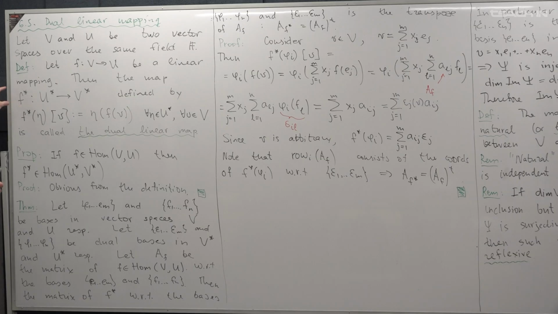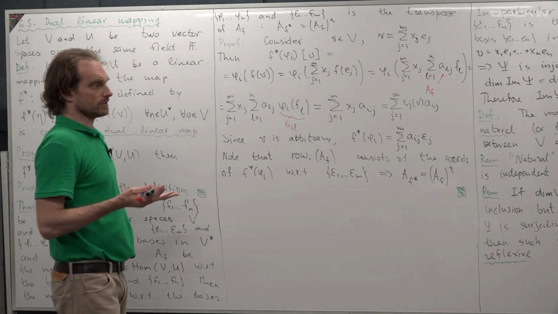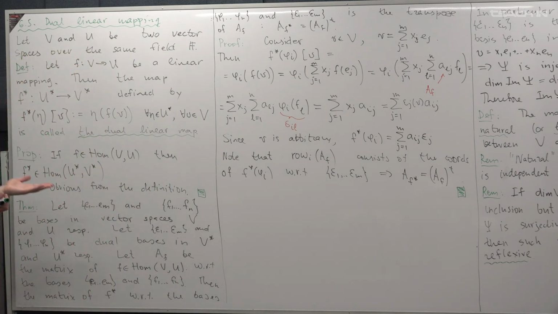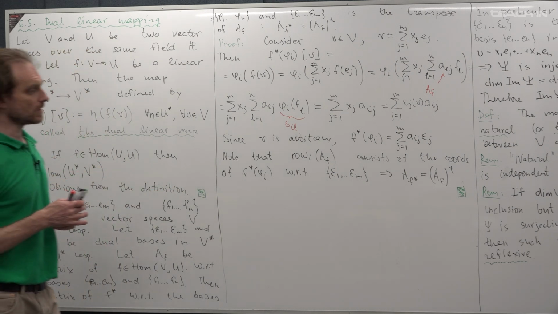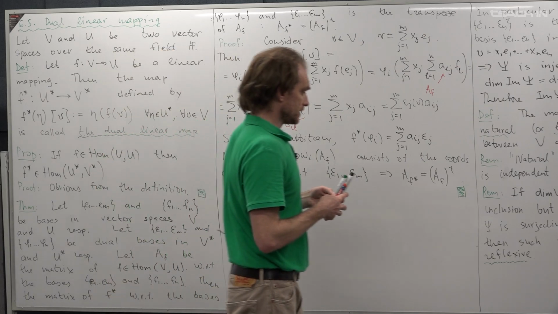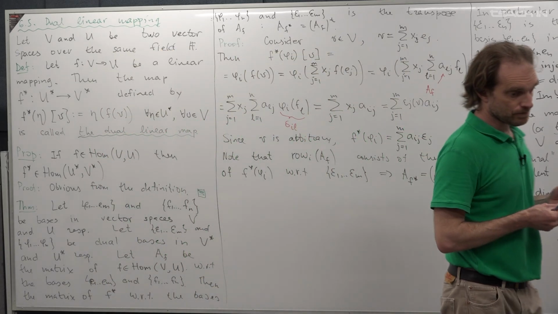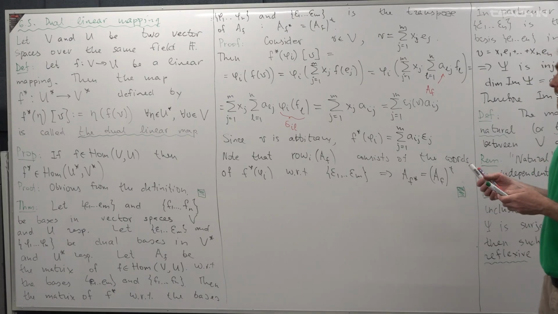And since here we have a mapping of an n-dimensional space to an m-dimensional space, we get a matrix of the type m by n. So it is very natural to expect that these matrices are transposed to each other. And this is exactly what we prove in this theorem.